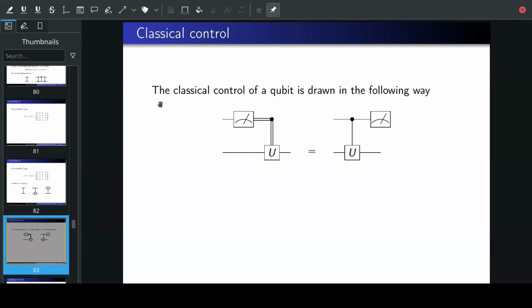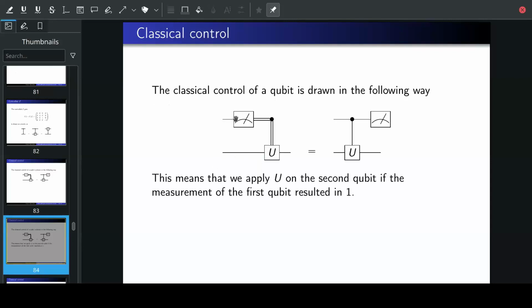Okay, now the classical control of a qubit is drawn in this way. What this means is that we perform a measurement of this first qubit here, and we obtain the classical result, either 0 or 1.